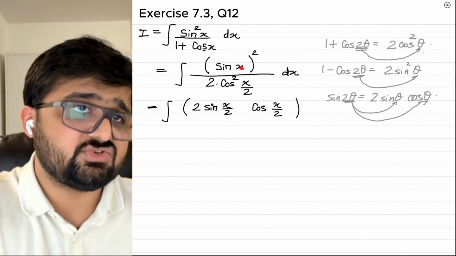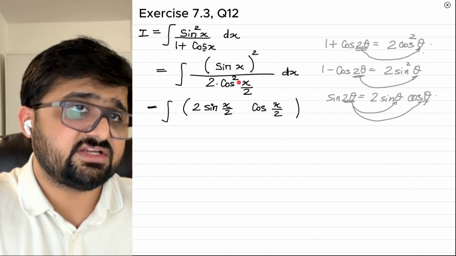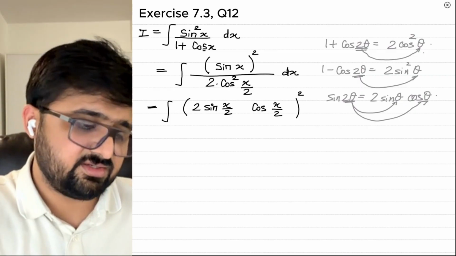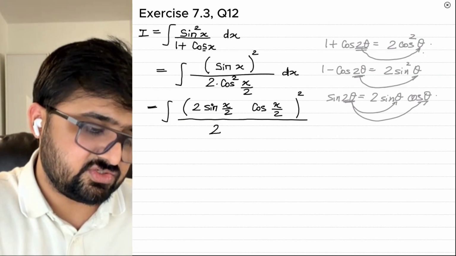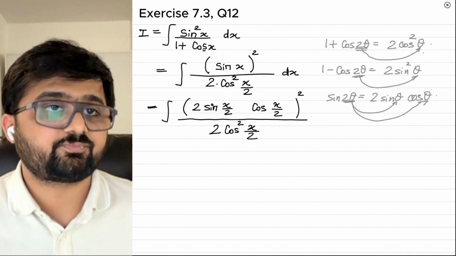There is a whole square here, don't forget. Divide by 2 cos square x by 2.